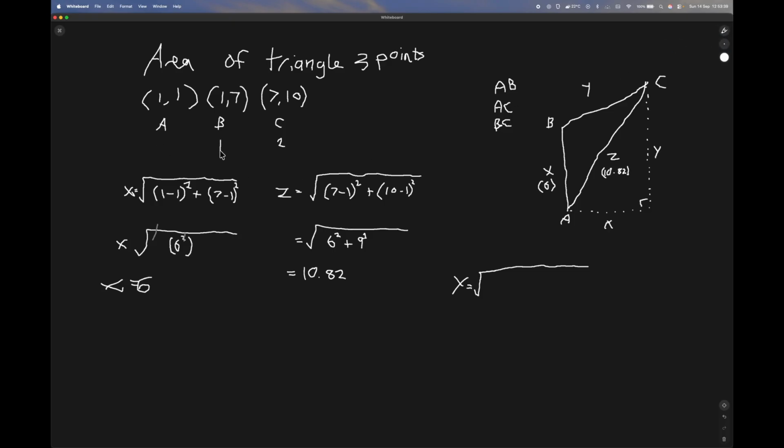We'll make that number 1 there, so x2 minus x1, 7 minus 1 squared, plus y2, 10 minus 7 squared.